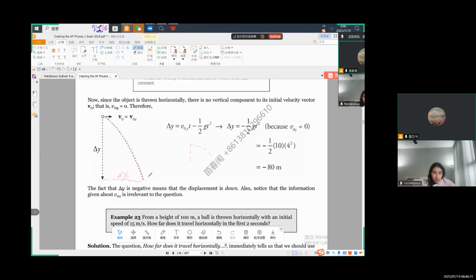It's the x direction, right? So this question is designed so that one lets you see the vertical direction, and this one lets you see the x direction, the horizontal direction, right?